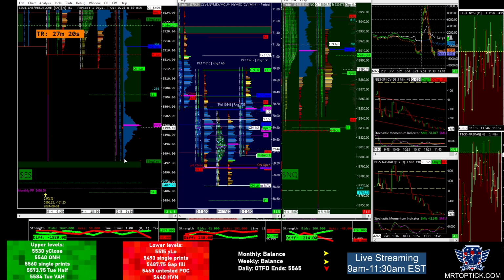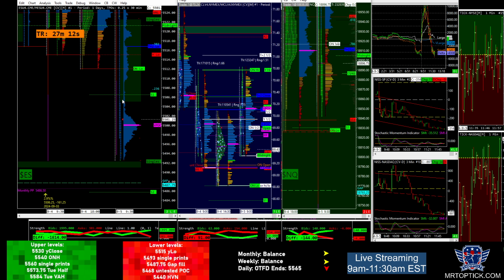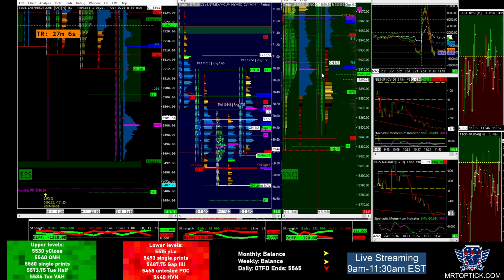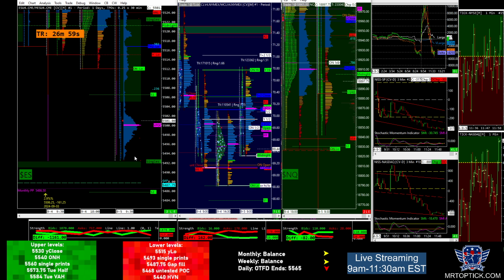Yes, but I already see thin volume, and I see that people don't want to trade here. I see it's holding, so I'm gonna want to enter here at the first touch of the single print, right? Or same thing on NQ. And then if I have a couple of contracts, maybe take one at the point of control and then one at the lows, and then see if I can get a continuation. So that's one way of doing it.